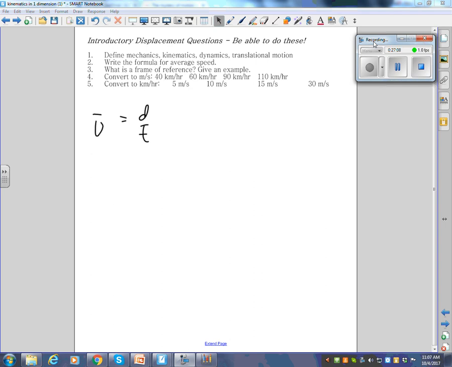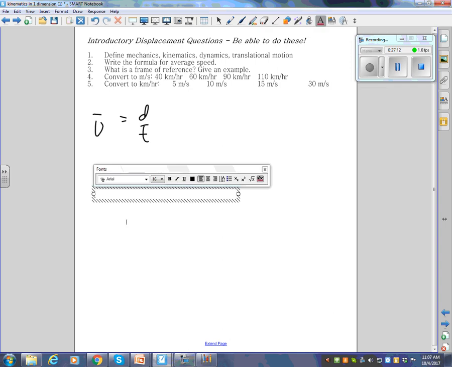Okay, so a frame of reference is, and I think I'm going to type it so that it's nice and readable here. Frame of reference. And let's make it a bit bigger so you can read it. Frame of reference is a point, a location.